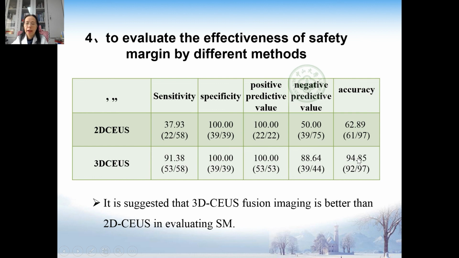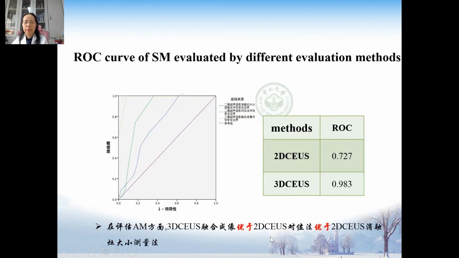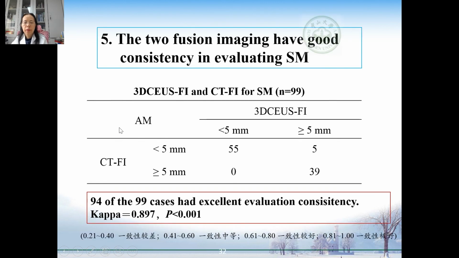So it's very high compared with 2D contrast ultrasound. It suggests the 3D contrast ultrasound fusion image is better than 2D contrast ultrasound in evaluating the safety margin. Here is the ROC curve of the safety margin by different measurement methods.